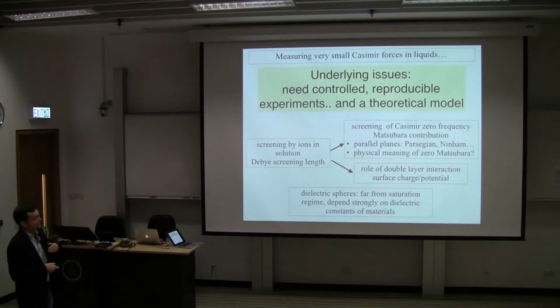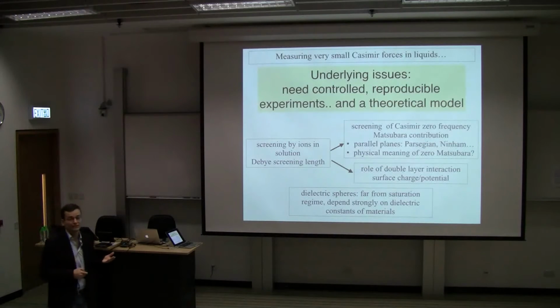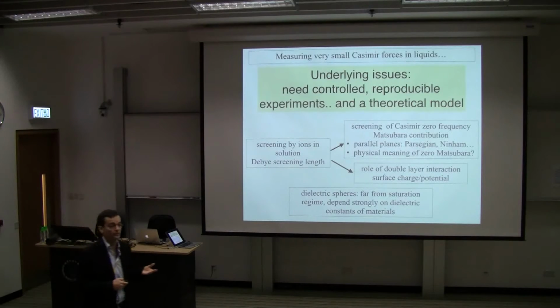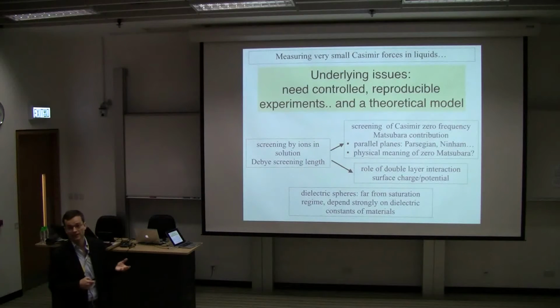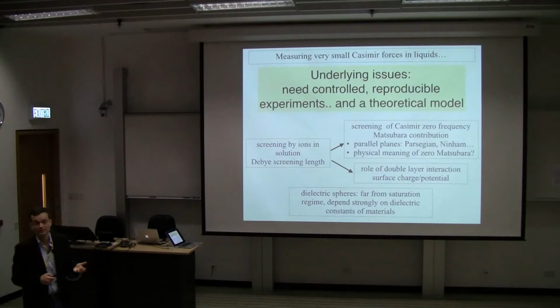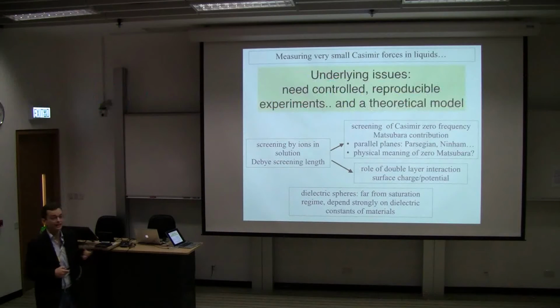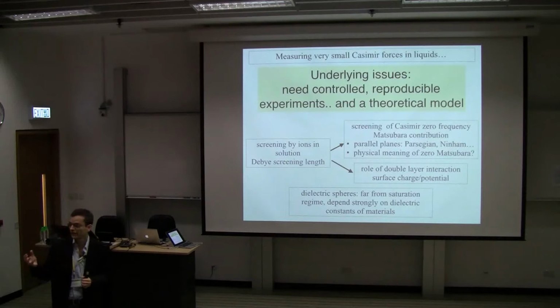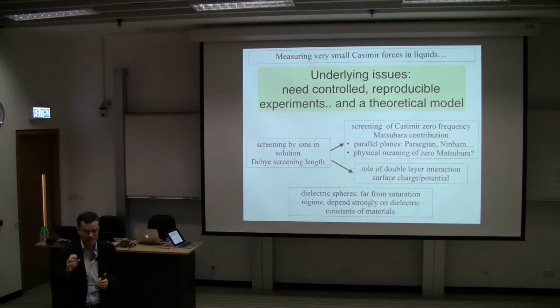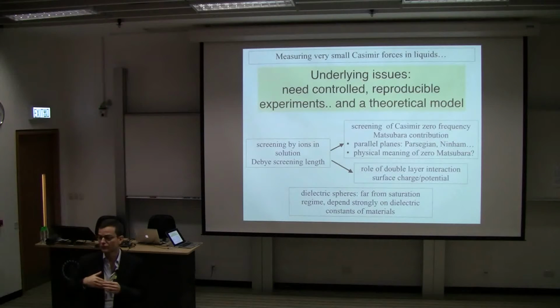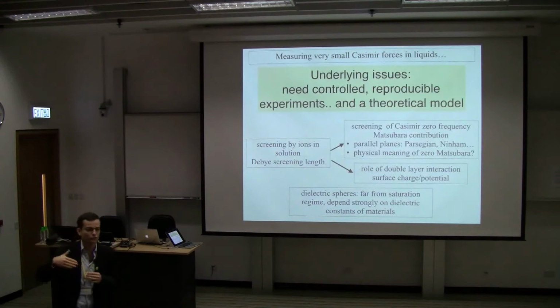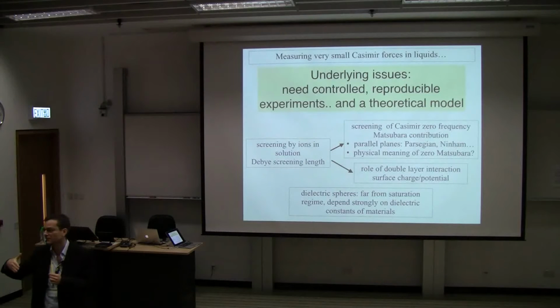And also from the theoretical side, as I told you, we have a lot of work to do because we need a theory that takes into account the screening of the Casimir interaction by the ions in solution. And another problem that I would like to mention is that since we have the Casimir force with a dielectric surface, we are very far from the saturation regime where the reflection coefficients are close to 100%, which is the case of metals, right?